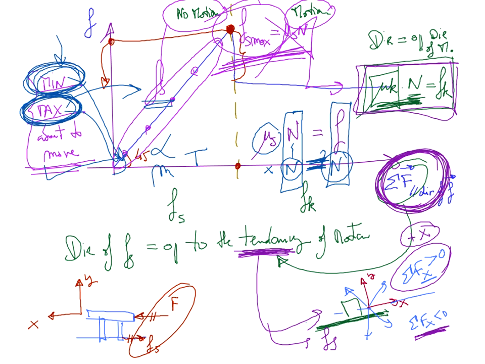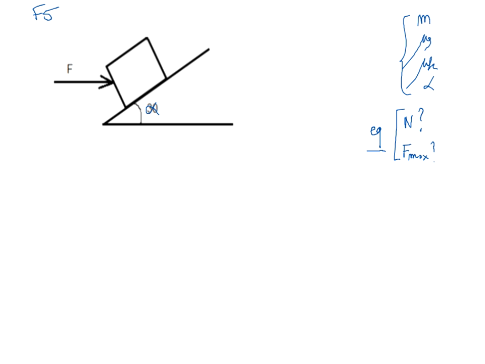Good. So we know that maximum is identified in the problem. Therefore, we know we're dealing with Fs max, and we can use its functional form, μSN. All right. If we're in equilibrium, which law are we going to be able to use?